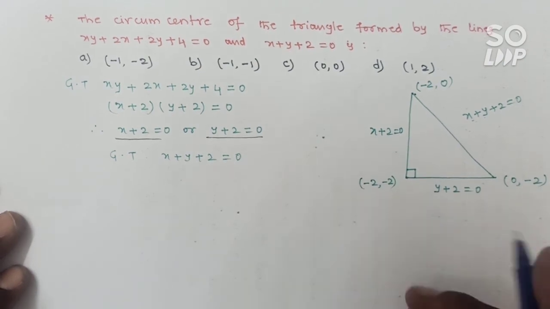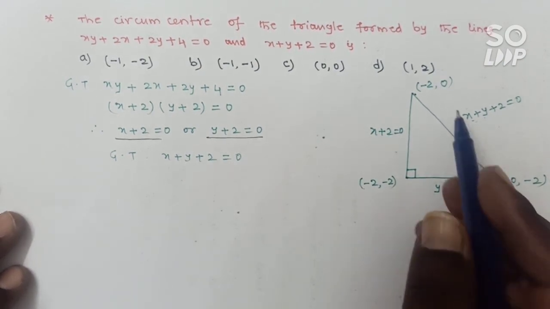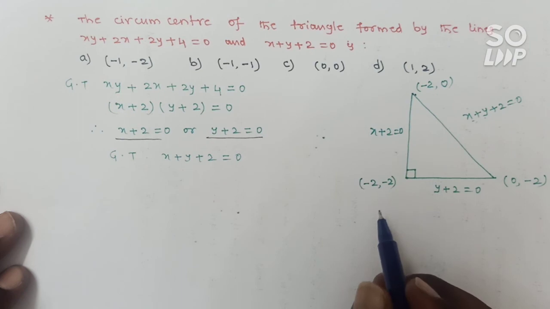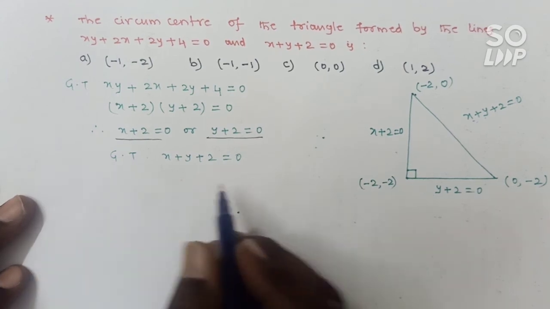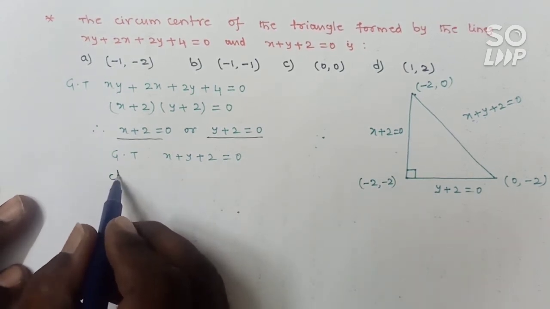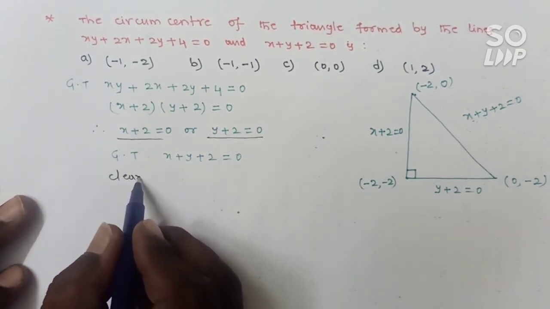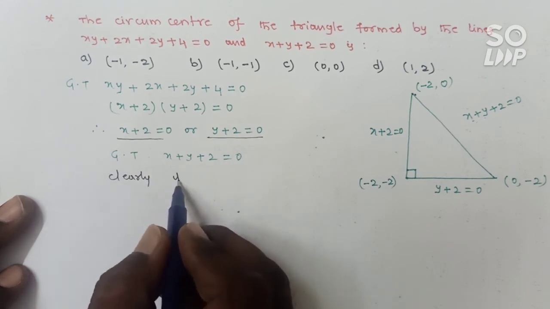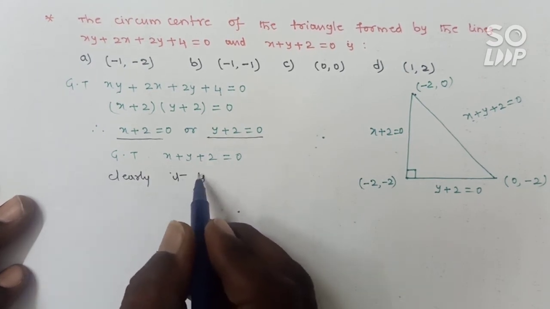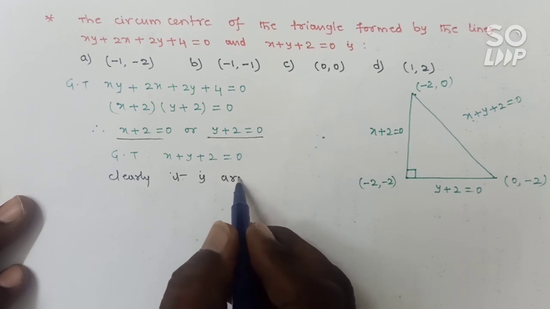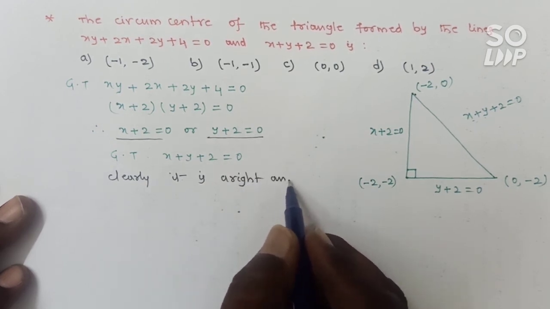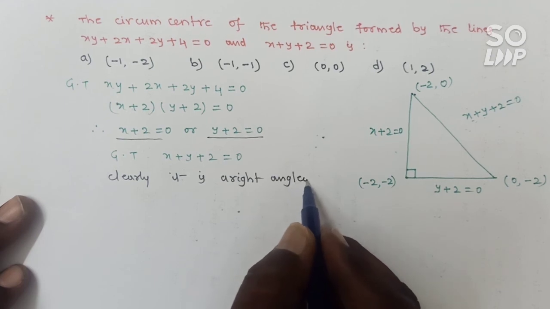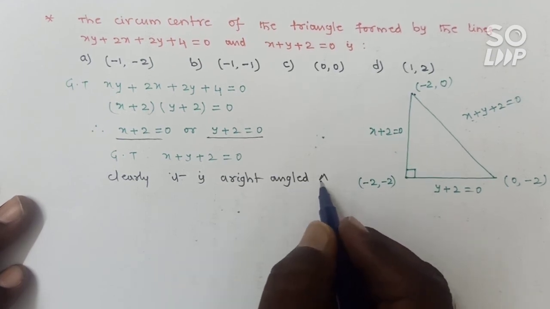So look at this one. You have all the vertices of the triangle. Clearly, it forms a right angled triangle.